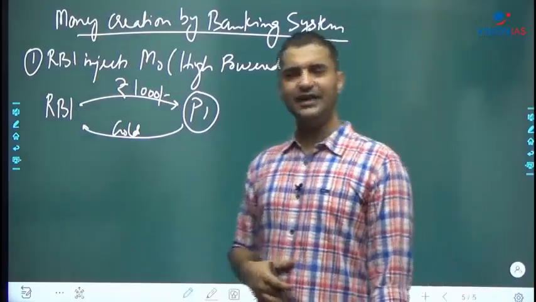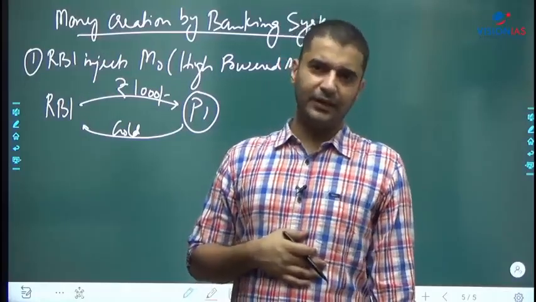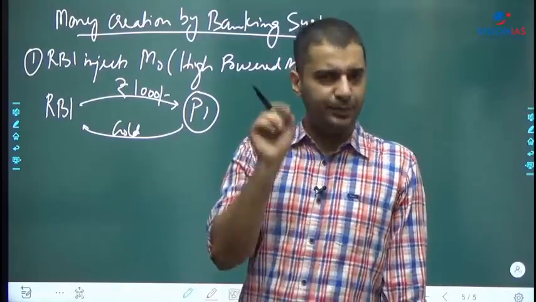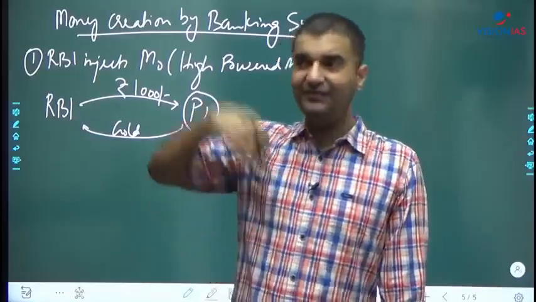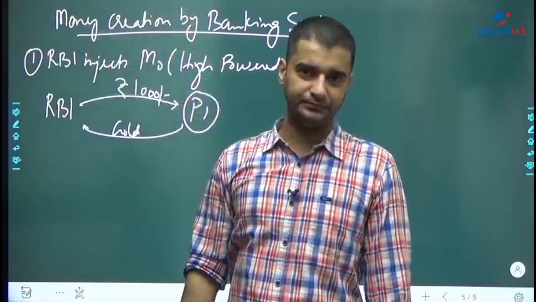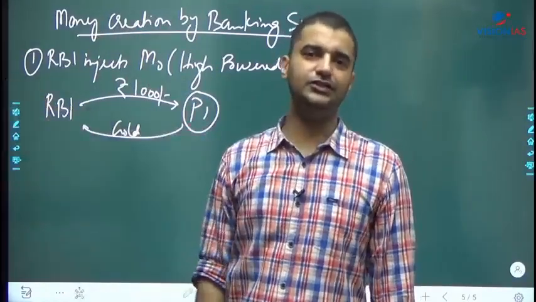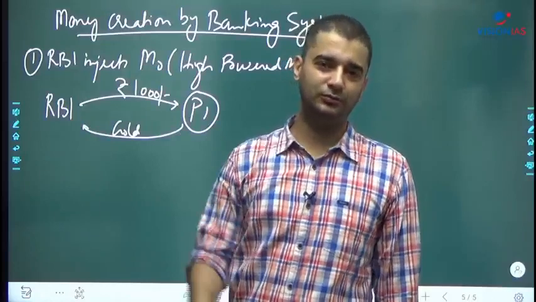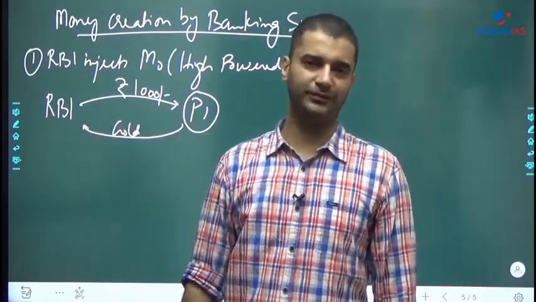RBI doesn't deal with everybody directly. RBI will not deal with me or you directly. There are a few specific people with which RBI deals directly, and then we will deal with them if we want to deal. RBI will not buy gold from, let's say, Kalyanji Jewelers or Gitanjali Jewelers.